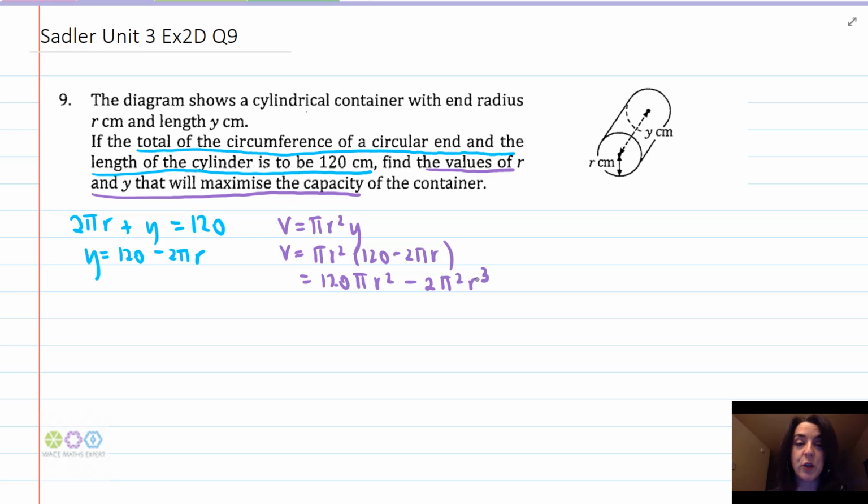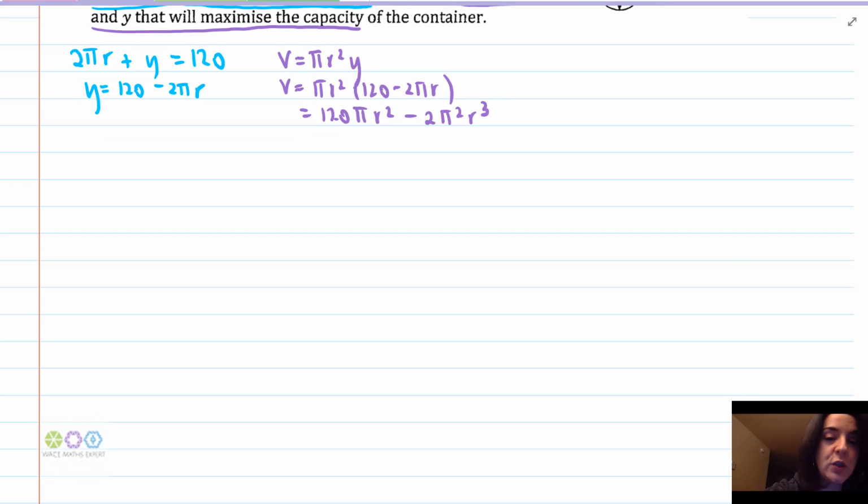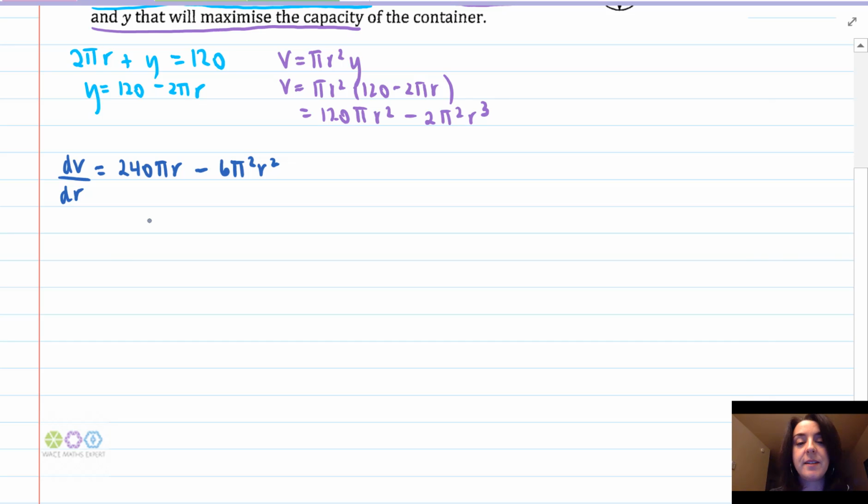Now that I have my function ready to go, we need to start looking at actually doing the calculus on this question. Okay, so dV/dr is equal to, differentiating, we'll get 240 pi r take 6 pi squared r squared. We make that equal to 0, and while I do that, I'm going to factorize out 6 and also pi and also r, because that is a common factor to the whole expression.